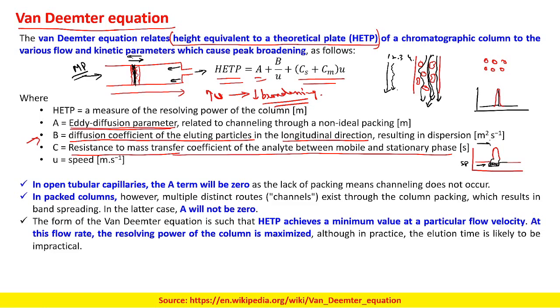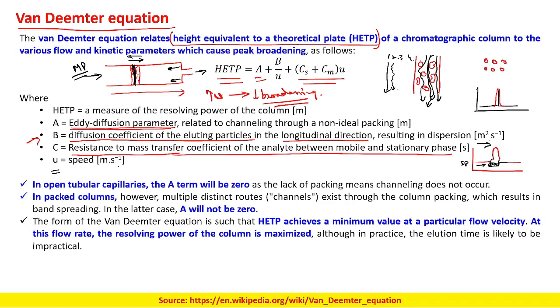So when the solvent front is moving, it has moved slightly ahead. However, the stationary phase is still trying to hold up the solute molecules within itself. Okay, and this is creating a drag, and this drag also is creating the broadening of the peak.